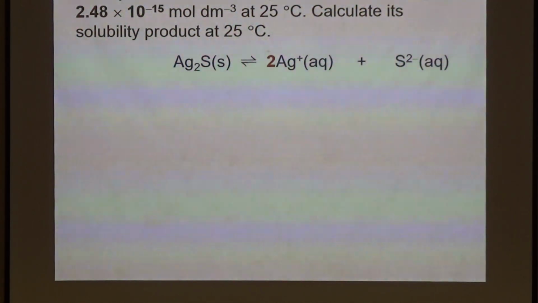You are given the solubility of silver sulfide is 2.48 times 10 to the power of minus 15 mole per m3. That 2.48 times 10 to the power of minus 15 refers to the compound Ag2S.